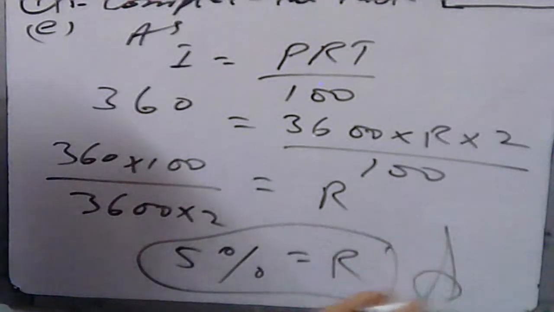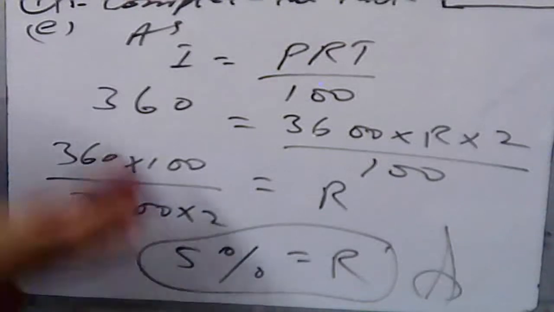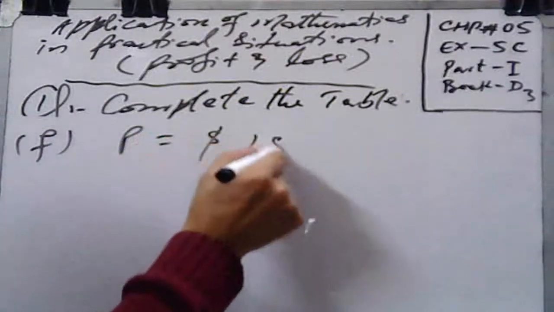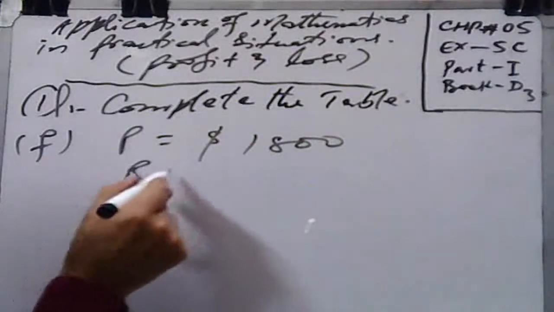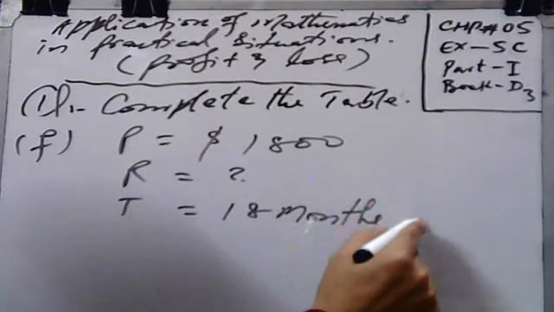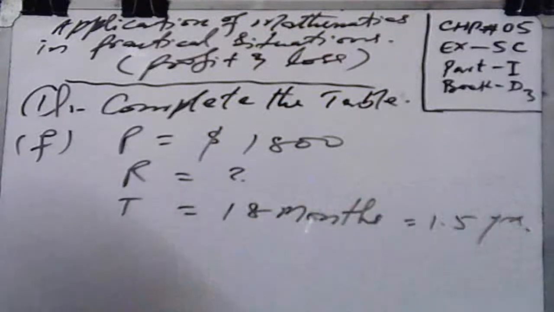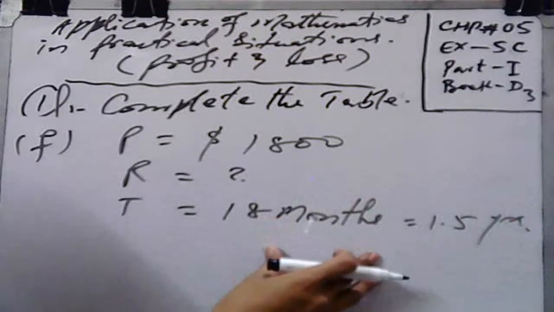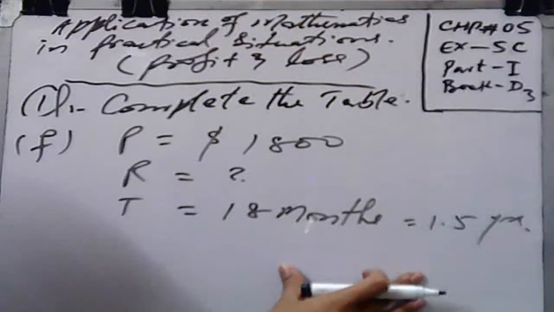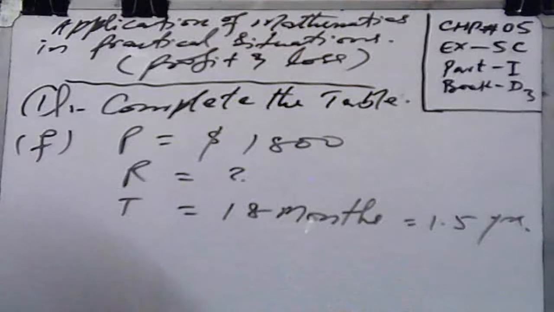Now in the F part, the principal amount is given to you, that is 1800, the rate of interest we have to find, and the time period is 18 months. 18 months means 1.5 years, because 18 months is 1 year and 6 months.